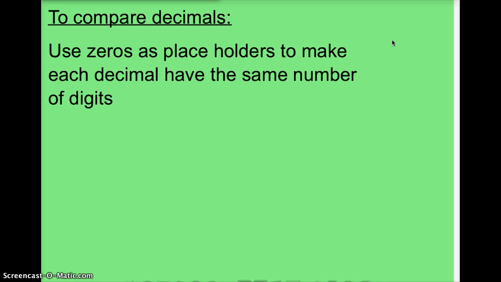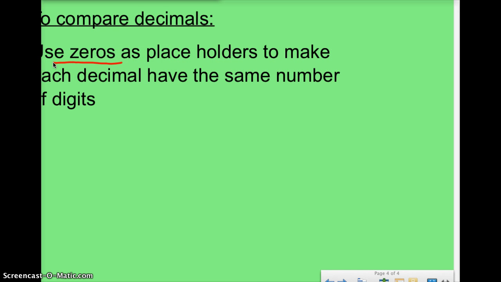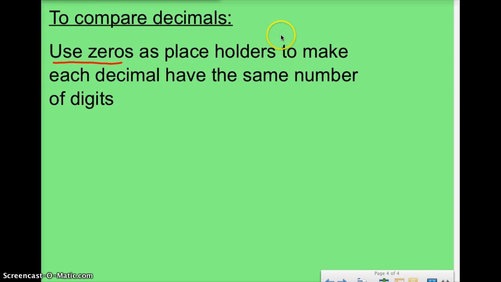The last skill you're going to need to know is how to compare decimals. When we compare decimals, I believe the most important thing to remember is that you're going to use zeros as placeholders. Let me move that back over. You're going to use those zeros as placeholders.